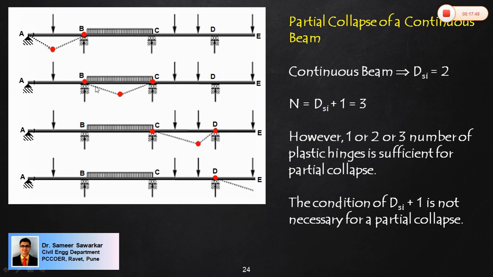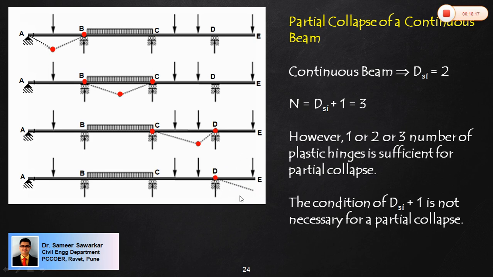Similarly, if we have 3 plastic hinges formed in span BC, this portion will undergo collapse. 3 plastic hinges formed in span CD, then this portion will undergo collapse. And finally, very interestingly, suppose a plastic hinge is formed near this roller support D in span DE, then you are observing that this portion, this span will fail.